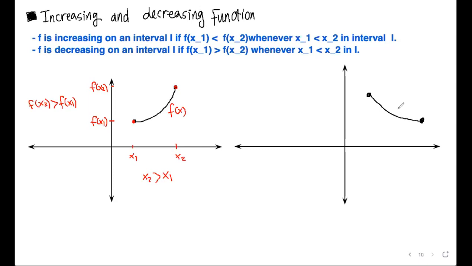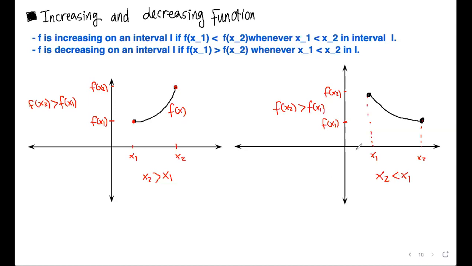But here is the opposite. This is x1, this is x2, f of x1, f of x2. Here x2 is less than x1, but f of x2 is greater than f of x1.